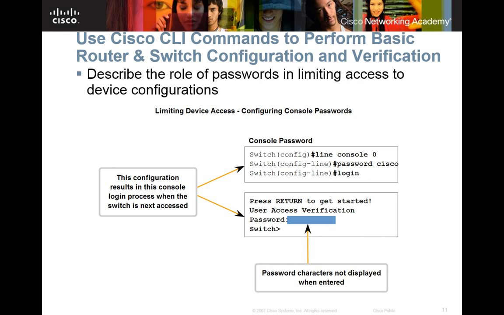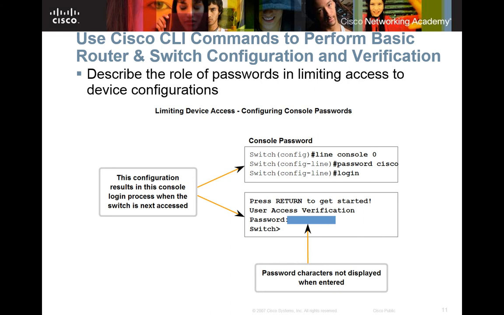Return access. Then it'll ask you for a password. You'll never know how long your password is. It should be a blinking cursor. If you forget it, just hit Control C, and it'll ask you again. All right. And then once you pass it, then you can get into the switch.